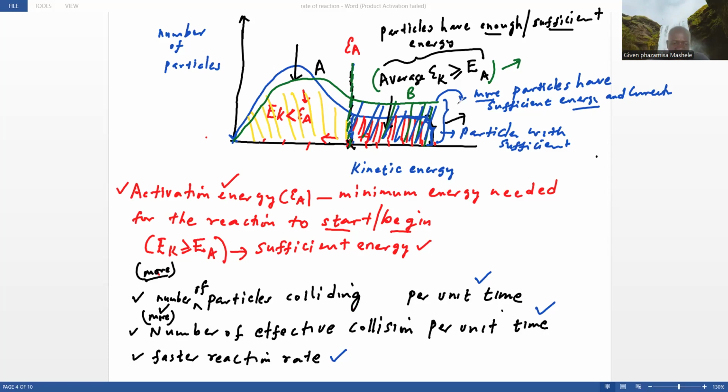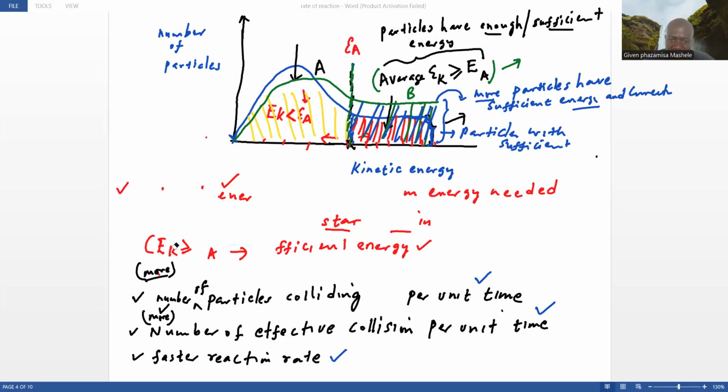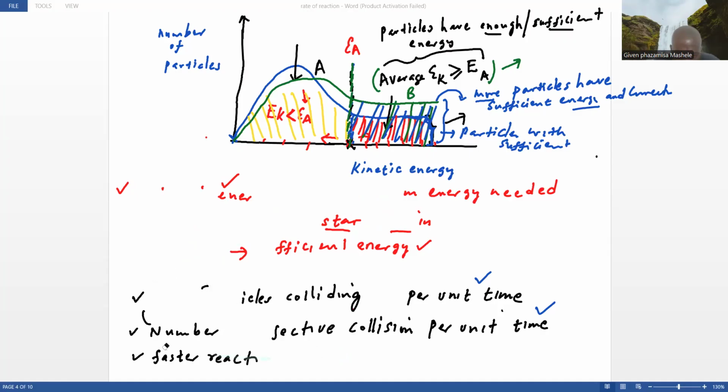You need to know this, and this is very important when you're using the Maxwell distribution curve. Now, let me try to split them so that you can understand. So now I've incorporated the collision theory and the Maxwell distribution curve.